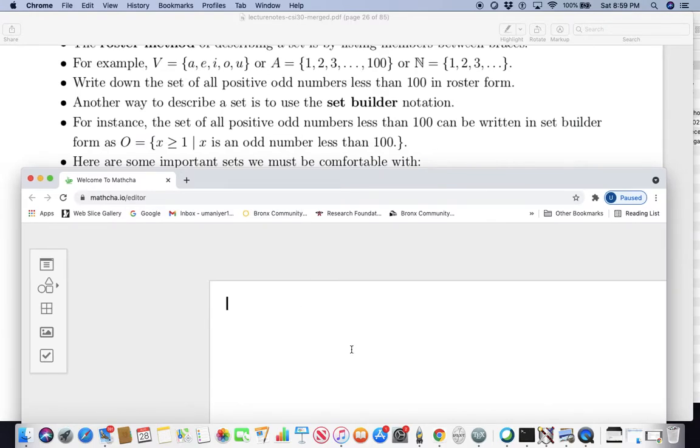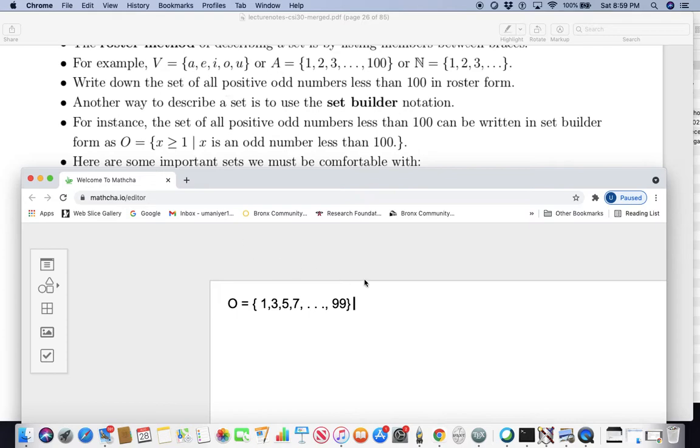Let's say O. You would use braces: I'm looking for positive odd numbers 1, 3, 5, 7, ..., until 99.